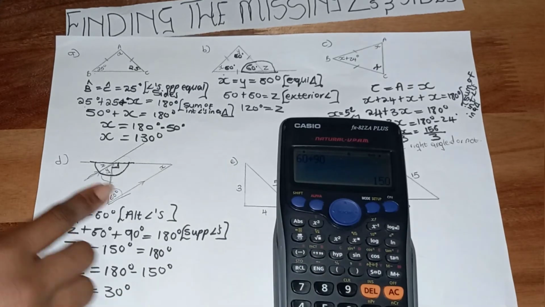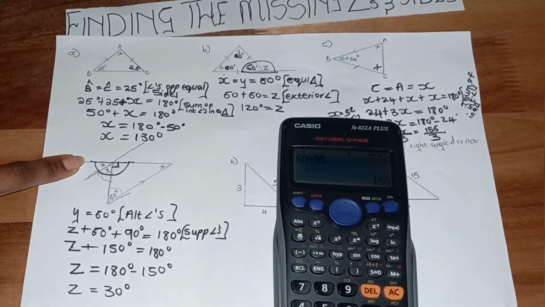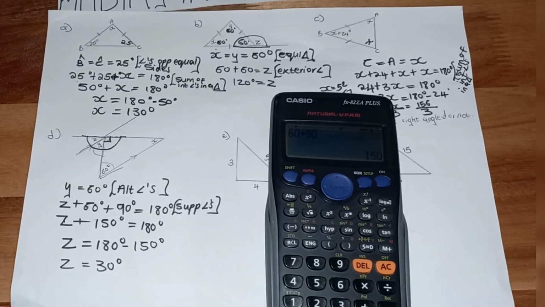Now we have angle Y and angle Z. Now we have to solve for angle X. How are we going to solve for it? You're going to just look at the triangle. In the triangle, you have the angle 60 and the angle 90 degrees.